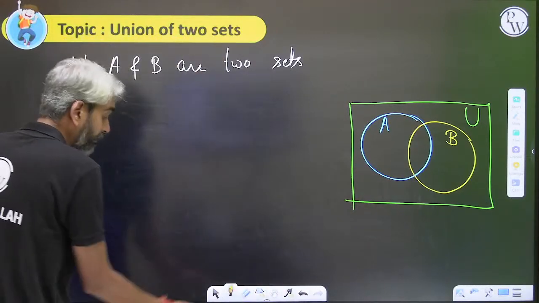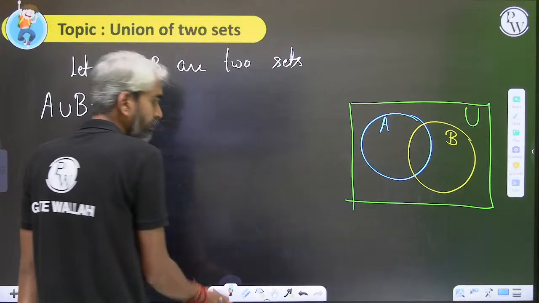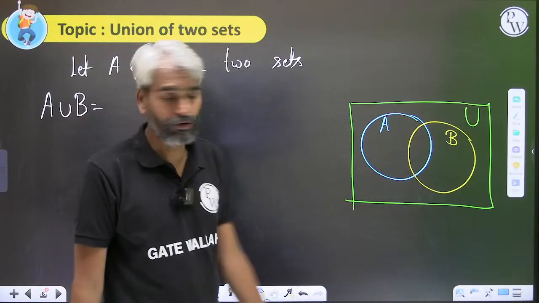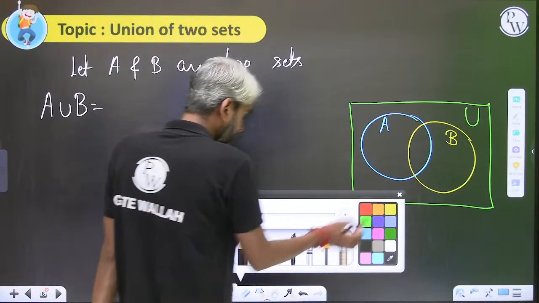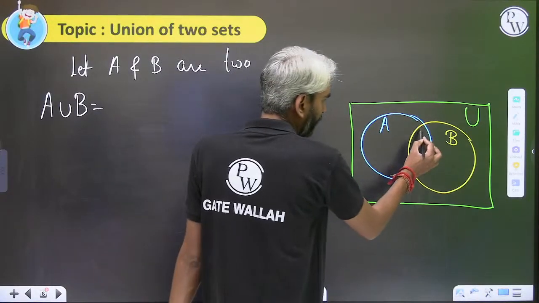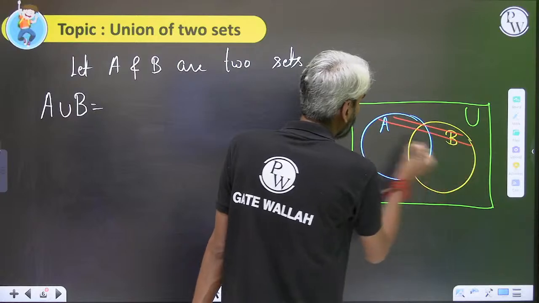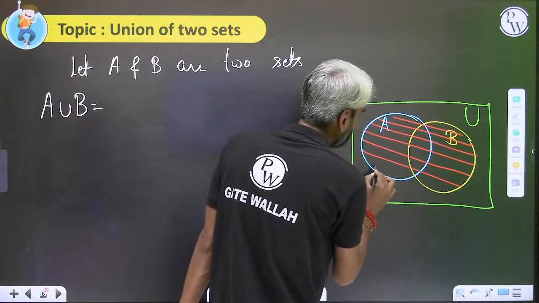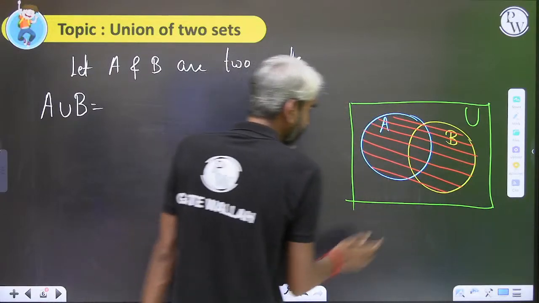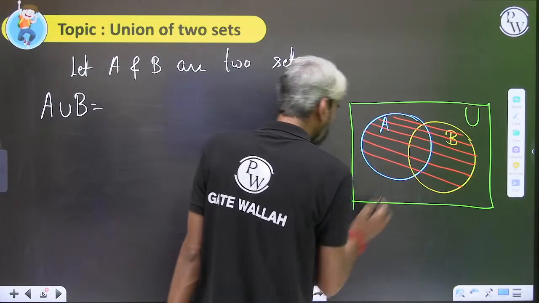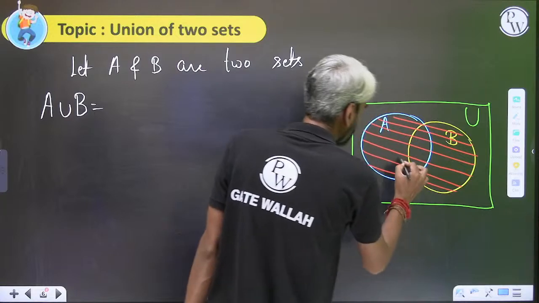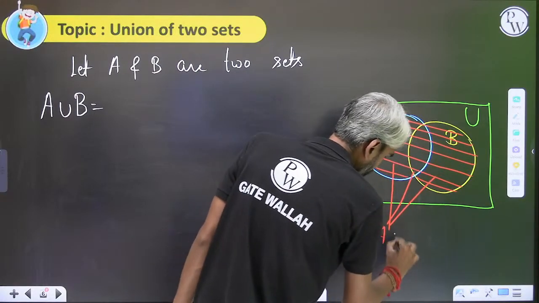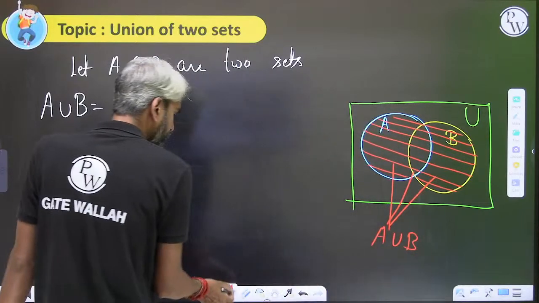So how do we define A union B? Sir, A union B eventually corresponds to the elements which are part of either A or B. So even the elements which are common between A and B will also be part of A union B. So if I take this red color shaded region, it will eventually correspond to A union B. So what do I mean by A union B?